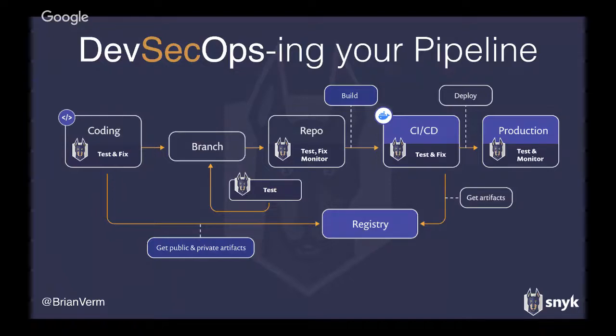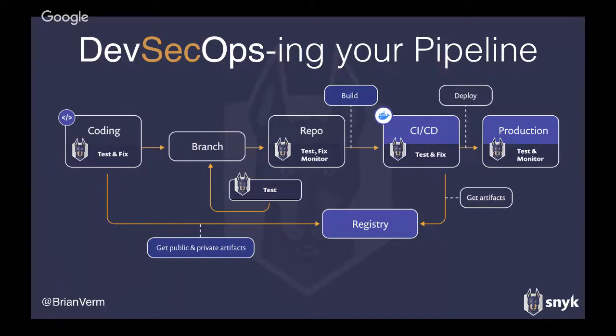So make sure that's in every step of your pipeline, your coding, but also every scan of your repository, and make sure that it can fix automatically. Make sure that, for instance, every single branch is tested, but also every single pull request.